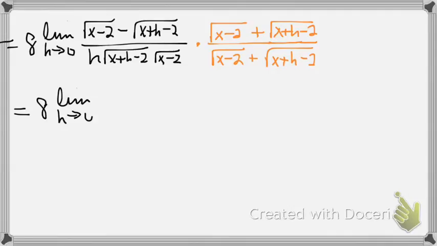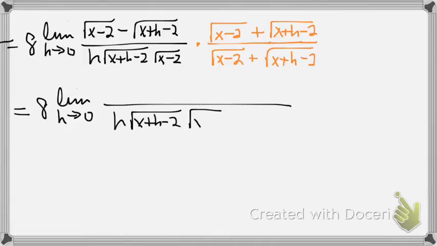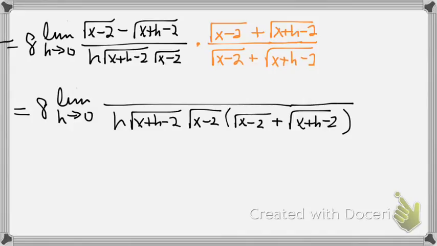So we have 8 times the limit as h approaches 0, and in the bottom, that's an h, square root of x plus h minus 2, square root of x minus 2, now parentheses, square root of x minus 2 plus square root of x plus h minus 2. It's just adding on more factors each time.